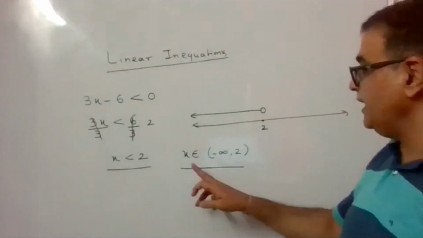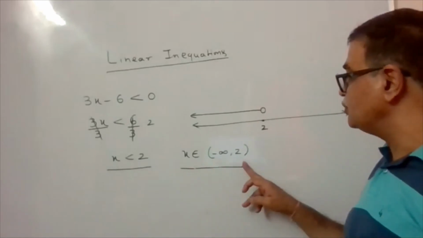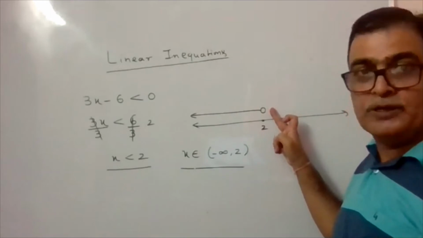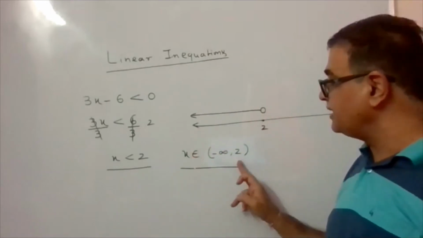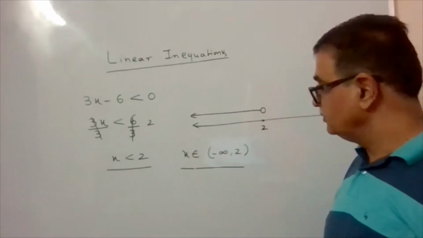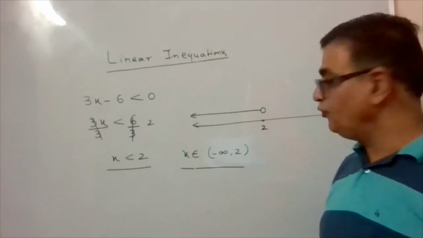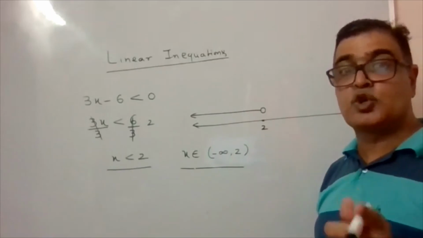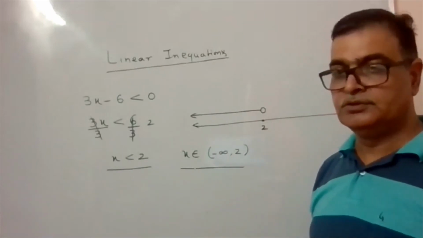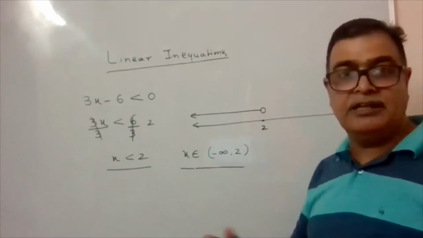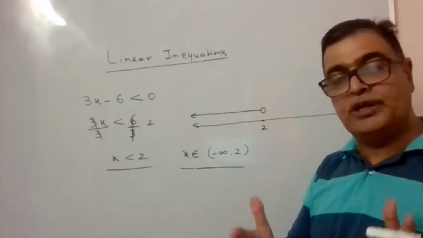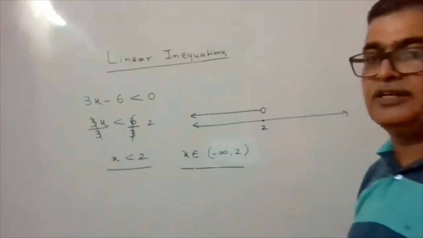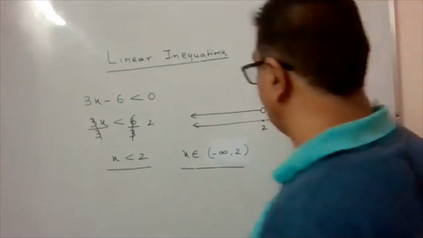So the result comes out to be x belongs to minus infinity to 2. 2 will not be included, so I have taken an open circle here, and here it is minus infinity. If you take the square bracket, it will show that you include 2. If you are taking an open interval, that means these boundaries are not included. Other real numbers are included. So closed interval, open interval, you have done this in set theory already. So you should remember it.